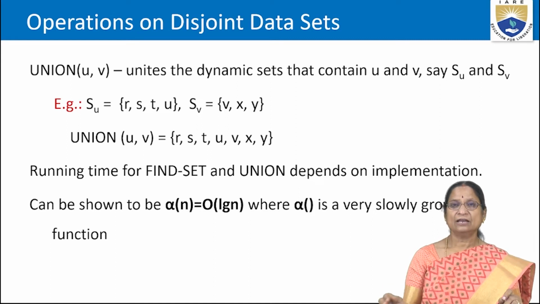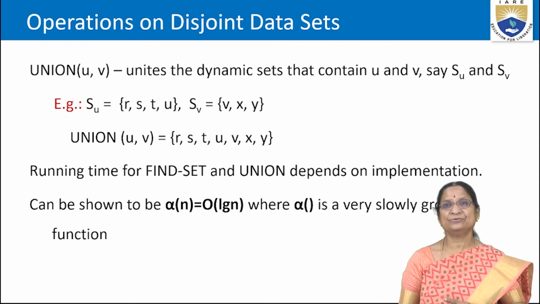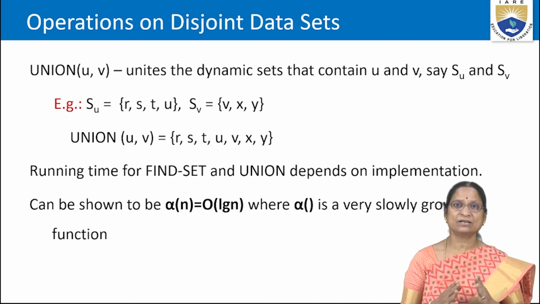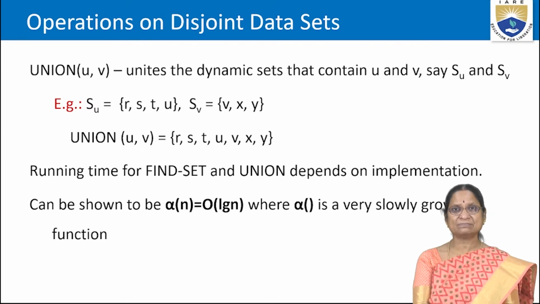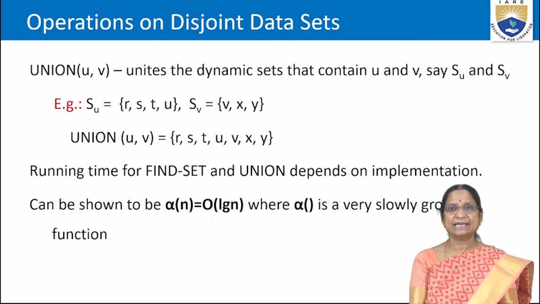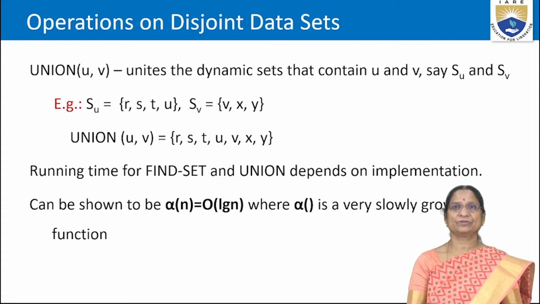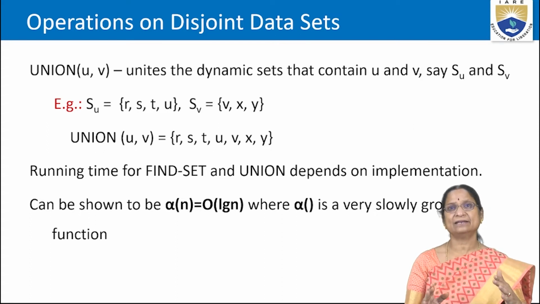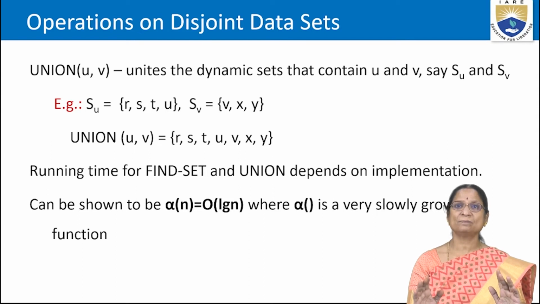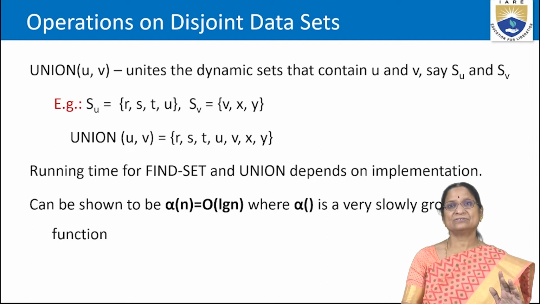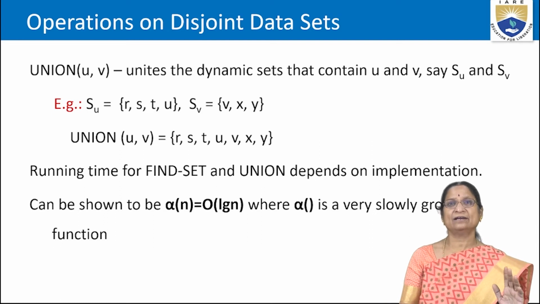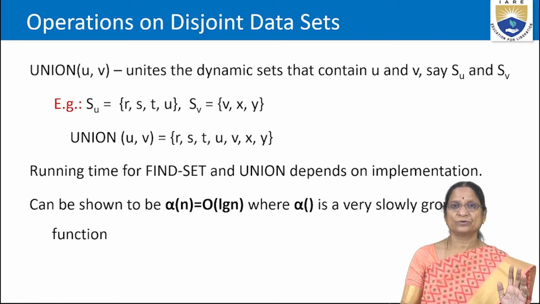Now, these operations are used in Kruskal's algorithm to check whether a newly added edge is safe or not. In other words, whether by adding that particular edge, a cycle forms or not. This can be done through these operations. So our Kruskal's algorithm complexity includes the complexity of these union-find operations also.